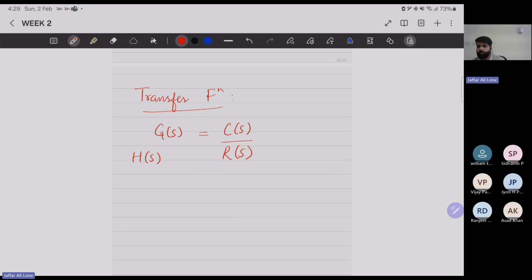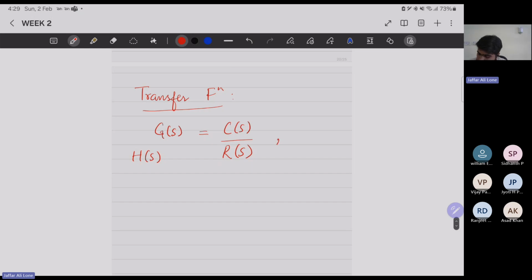So it's the ratio of the Laplace transform of output to the input, but with all initial conditions assumed to be 0. This is a very important point because when we solve problems, we will make use of it. The initial conditions are all 0.